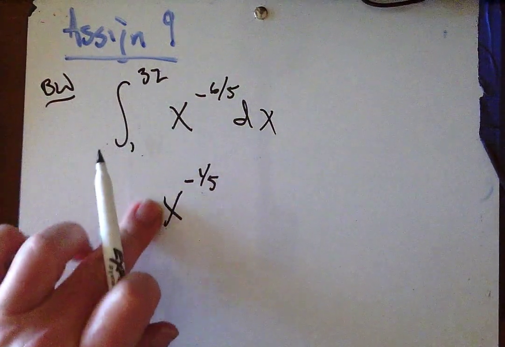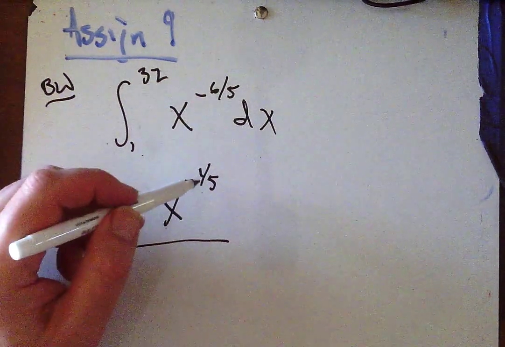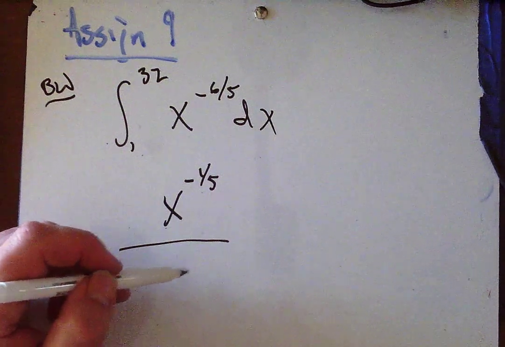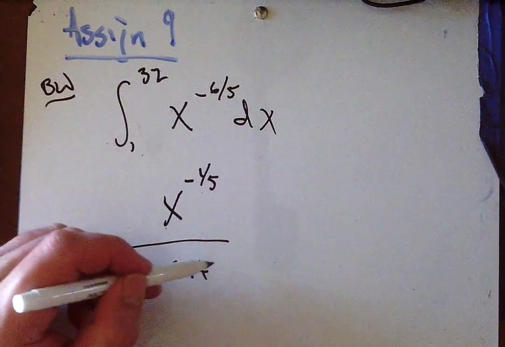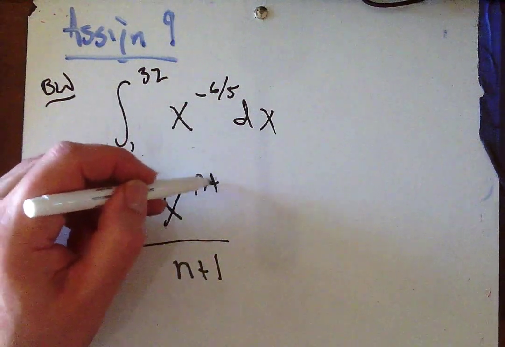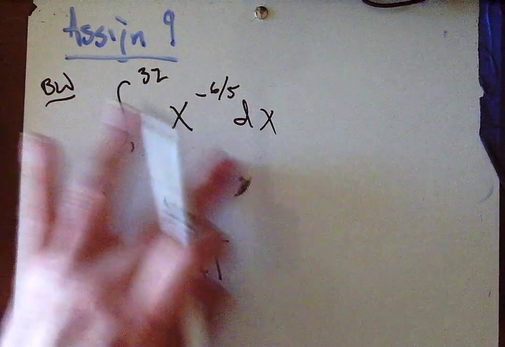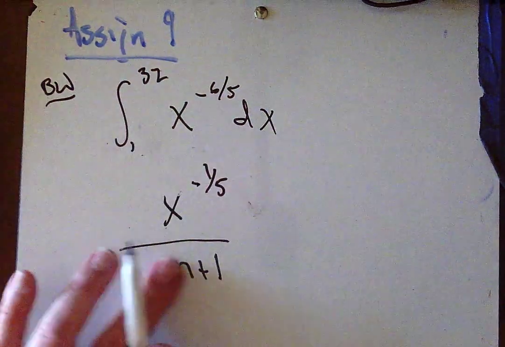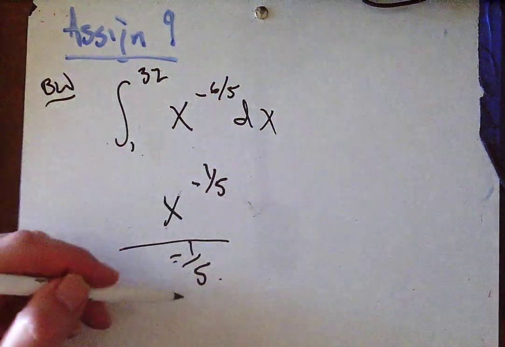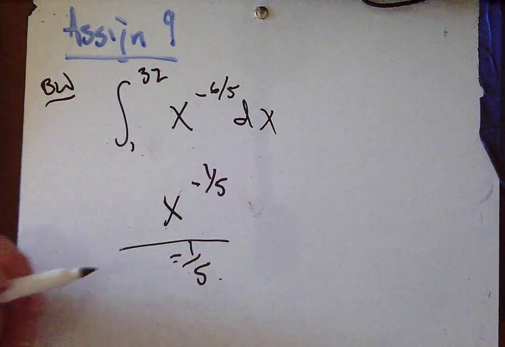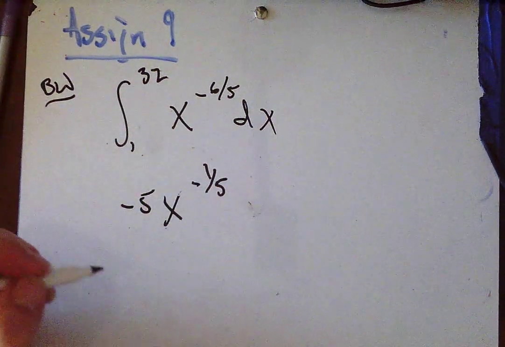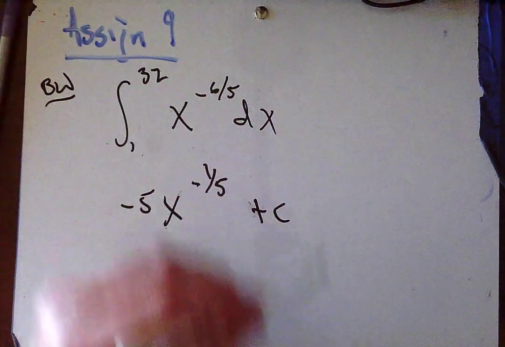Your textbook talks about this as adding 1 up here, and then down here you're doing n plus 1. So here we have a negative 1/5, and so here we would have a negative 1/5. But I'm not very keen on dividing by a fraction like that, so I flip and multiply. Don't forget the plus c.